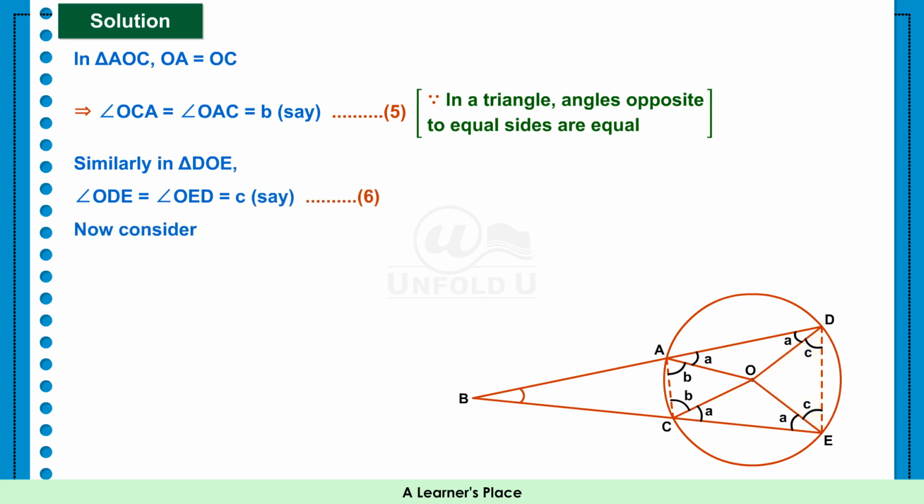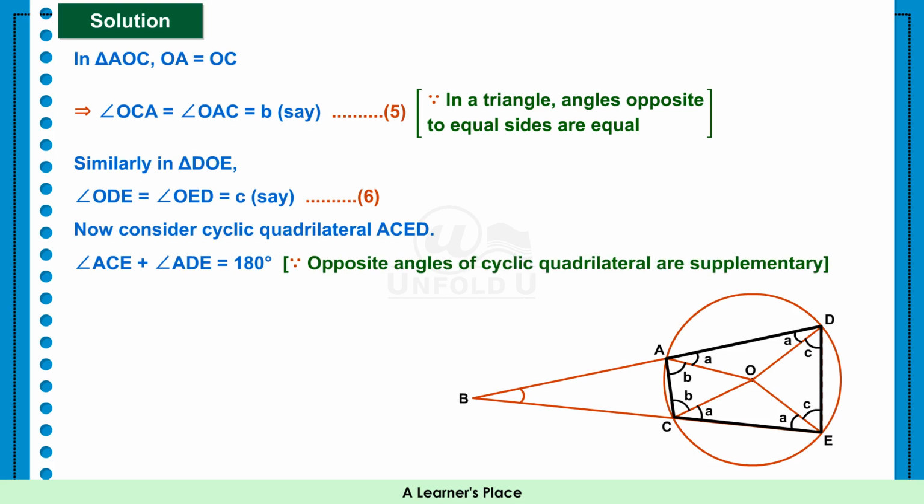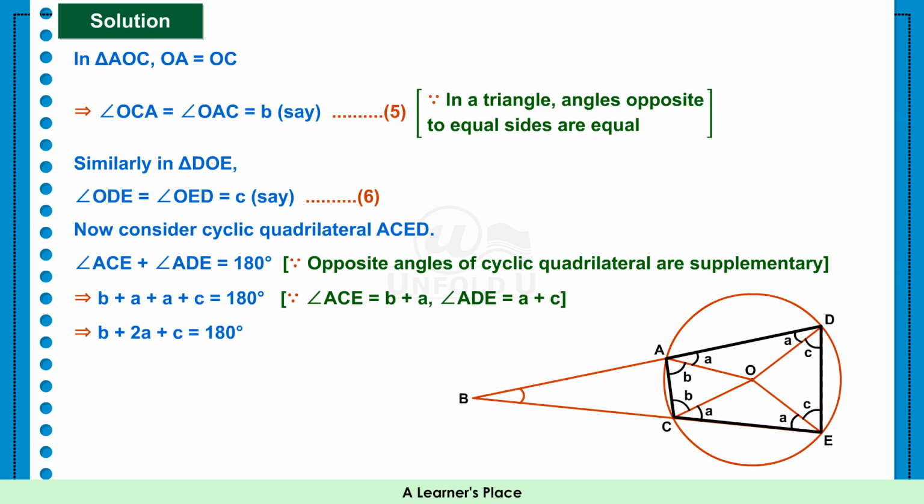Now, consider cyclic quadrilateral ACED. Angle ACE plus angle ADE is equal to 180 degree, which implies B plus A plus A plus C is equal to 180 degree, which further implies that B plus 2A plus C is equal to 180 degree.